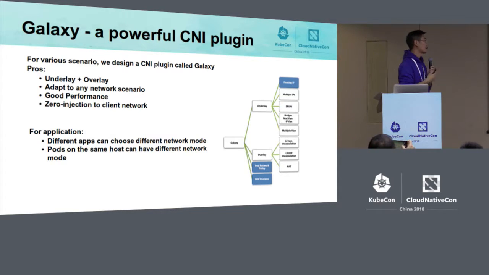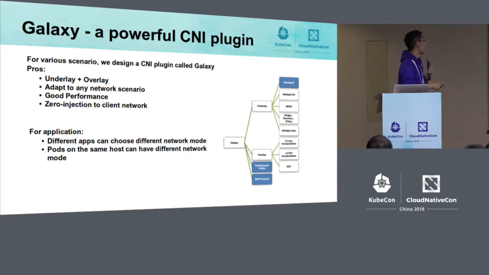Well, now I will introduce Galaxy, the powerful CNI plugin. It can support not only the internal network but also external customers' private or public clouds. For networking, I believe Galaxy is quite necessary, so we developed it to support different uses of customers. It has the following advantages.